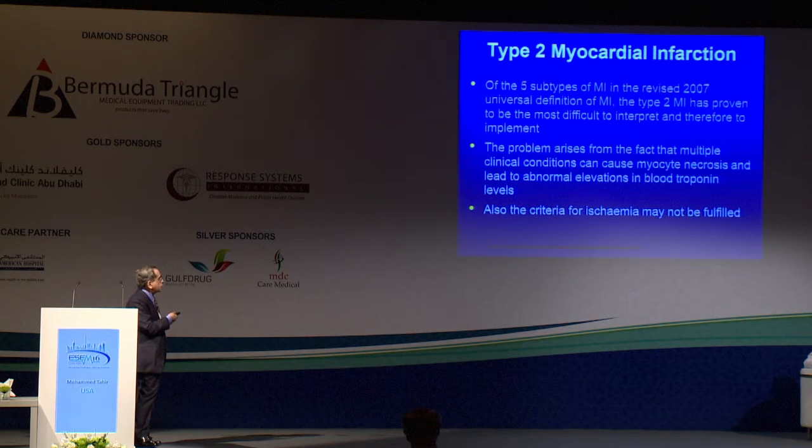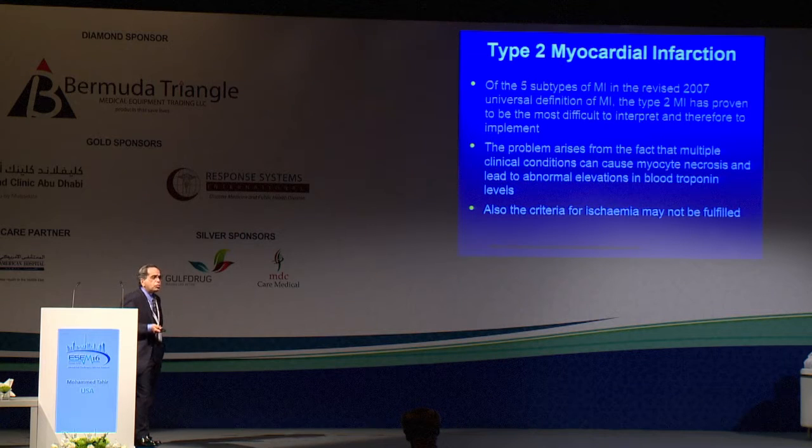How do you differentiate which of these type 2 MIs would require further intervention or some where you would not do anything? A very difficult question, especially in America, where malpractice is very high, and you have to be very up on the ball to make sure that what you're doing is right.